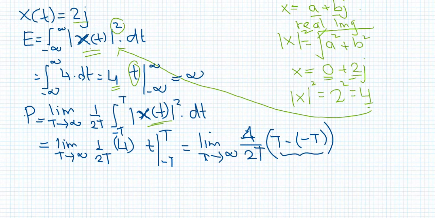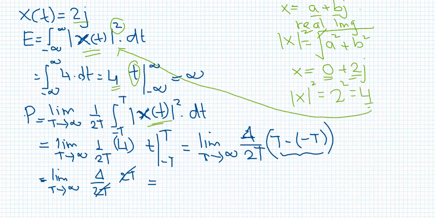So we are going to get the limit as T tends to infinity of 4 divided by 2T times 2 capital T. So 2T will cancel out and I will get 4. The 4 doesn't have any variable, so it means this will be only 4.